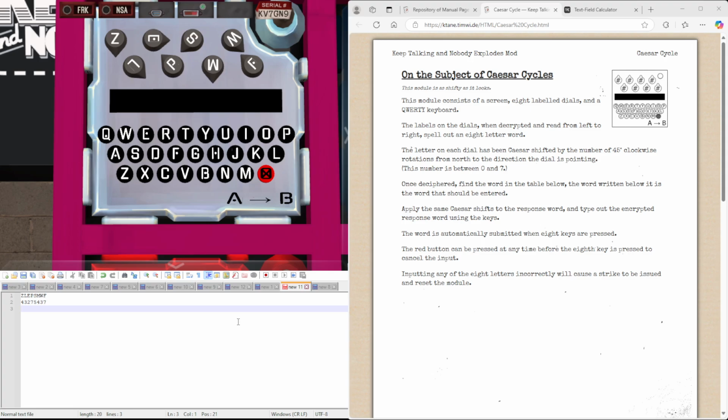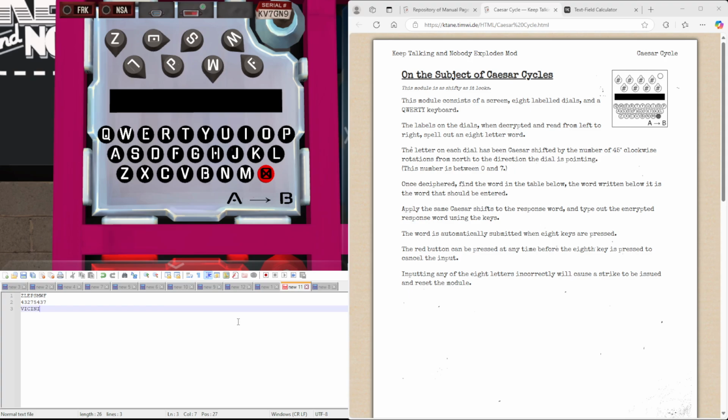Go backwards then. 26 minus 4, V. 12 minus 3, I. That's C. 16 minus 7 is 9, N. That is 9 as well.